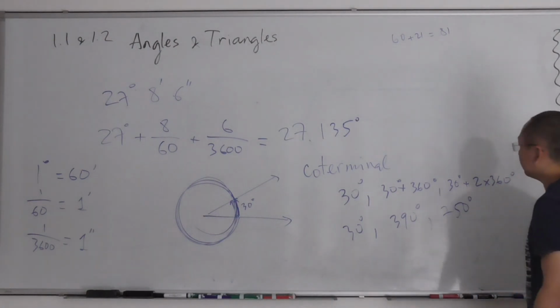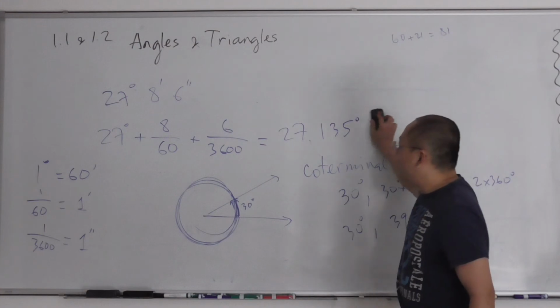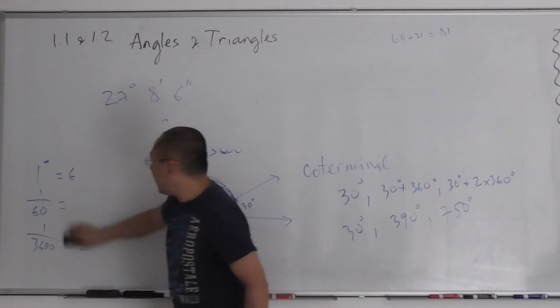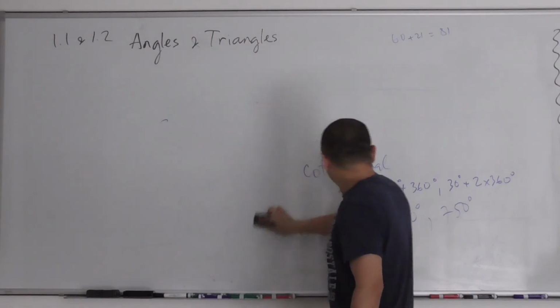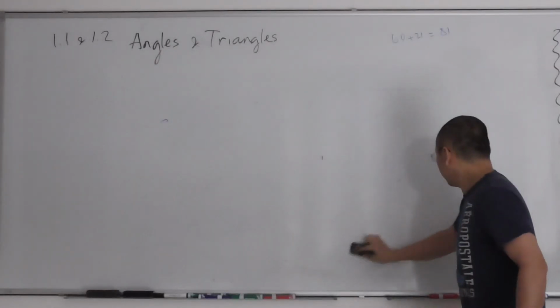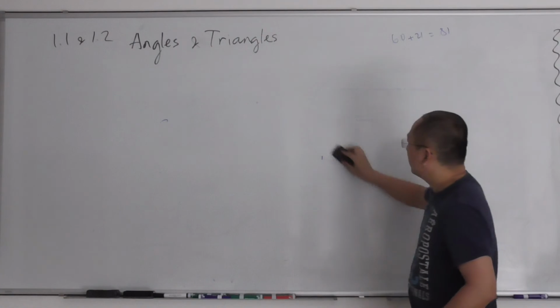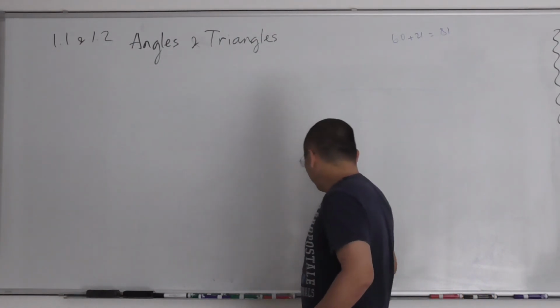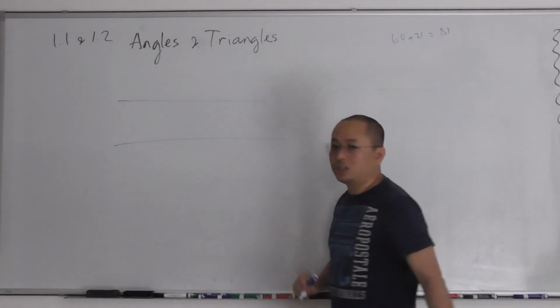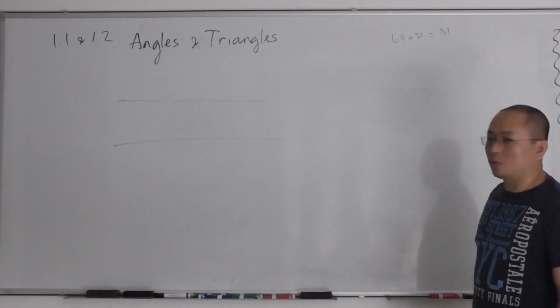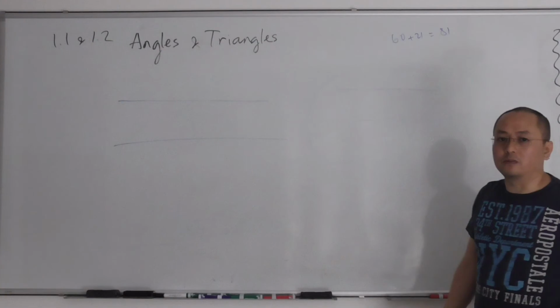All right. Next, I'm going to talk about relationships between angles. Say I have two parallel lines. Parallel means the two lines never intersect each other on a two-dimensional plane. They keep the same distance from each other.